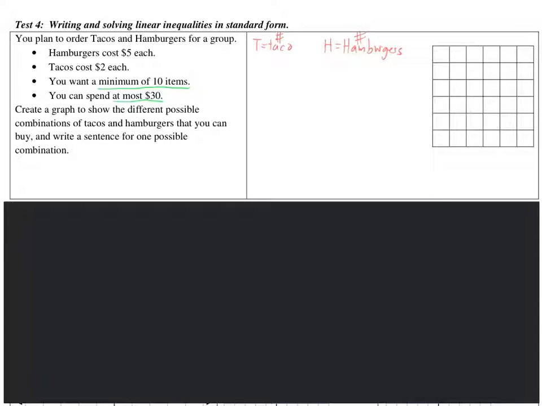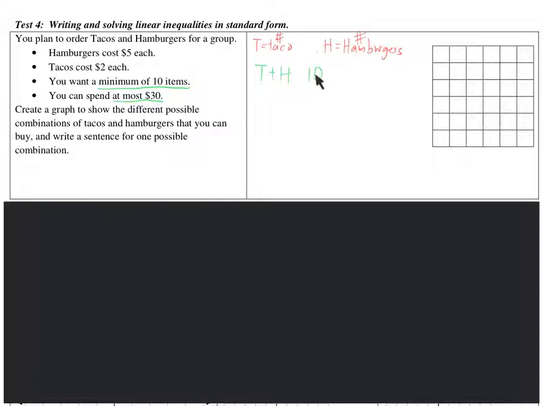Now, for this inequality, what is T plus H? The number of tacos plus the number of hamburgers, what does it say it has to be? A minimum of 10. So how do you say a minimum of 10?